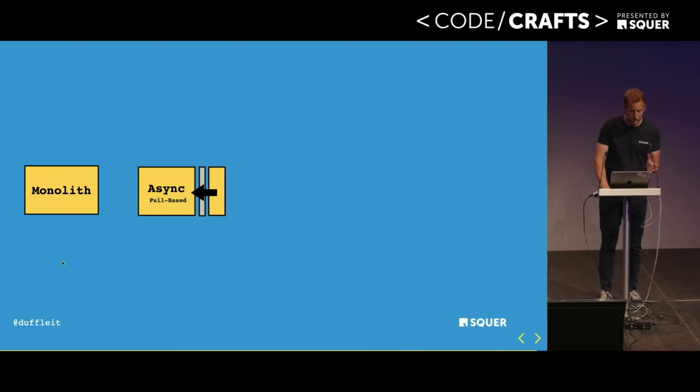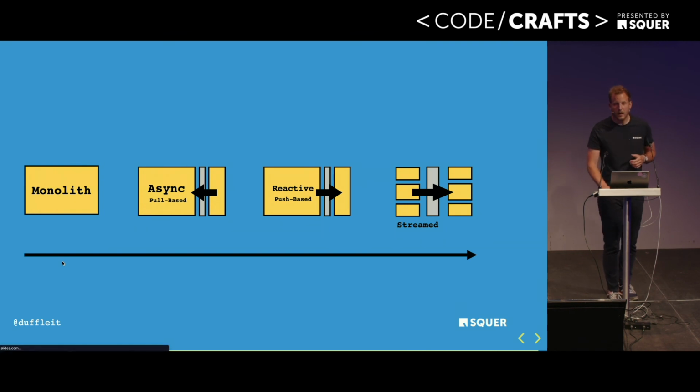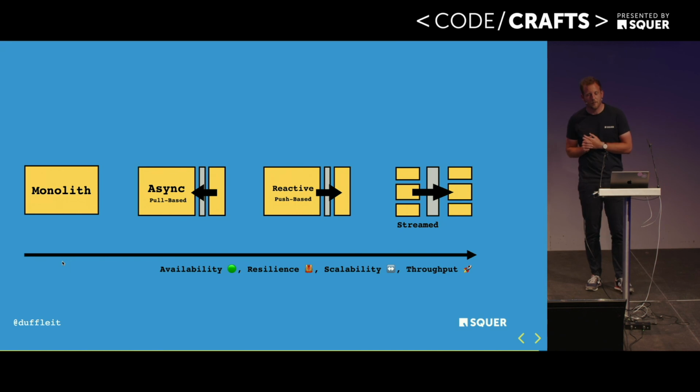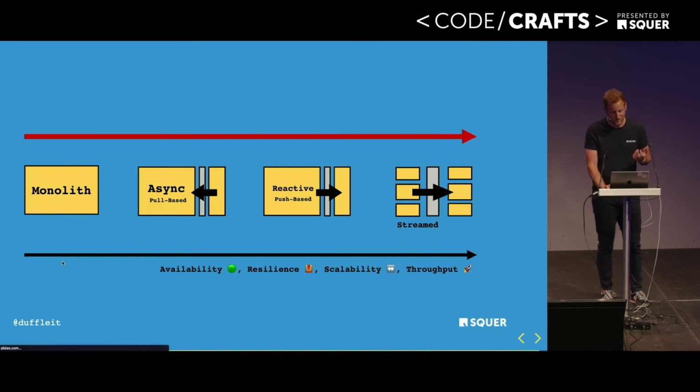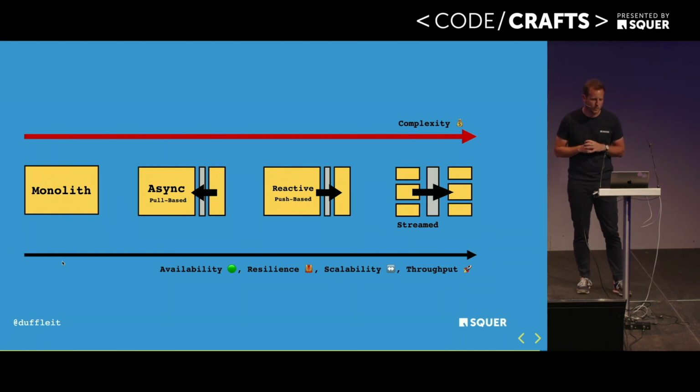If you move from left to right, it usually makes sense, and you get more features. When you move from left to right, you get more availability, more resilience, more scalability, more throughput. But as often, or actually always, in software architecture, you pay for these features, right? And you always pay with complexity. That's always the currency, the price of a feature-richer architecture, which we need to be aware of.